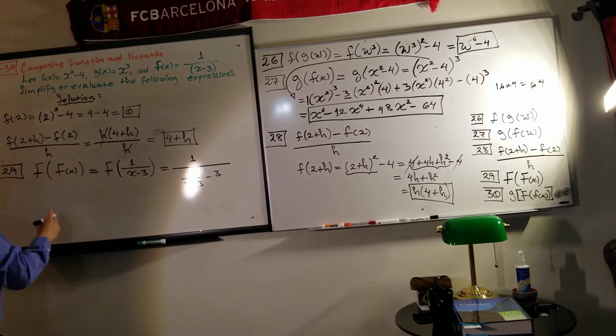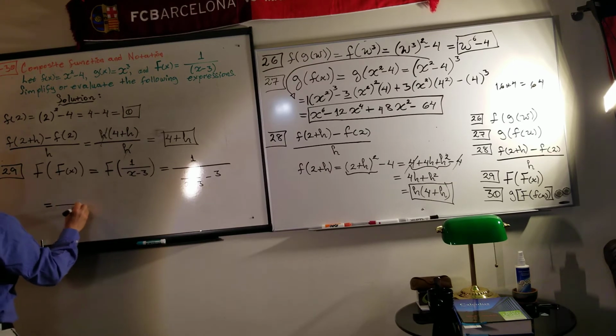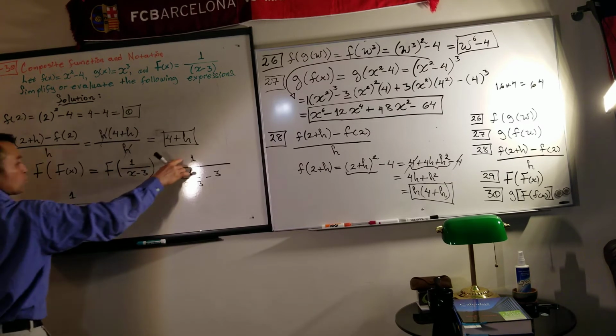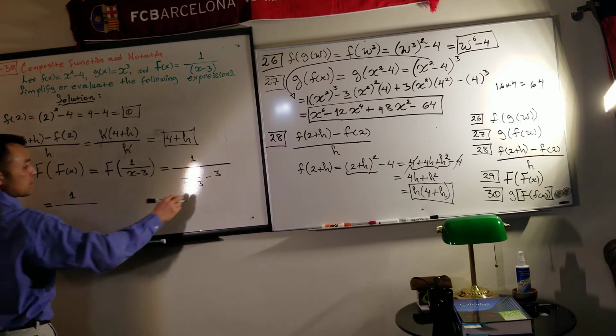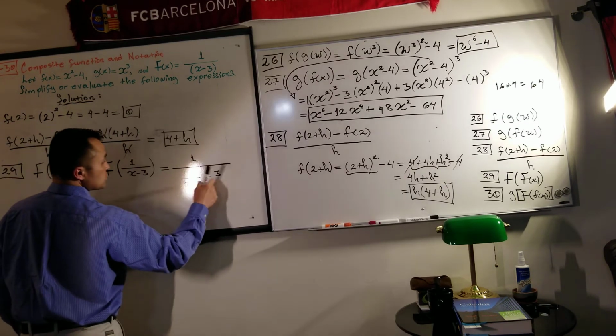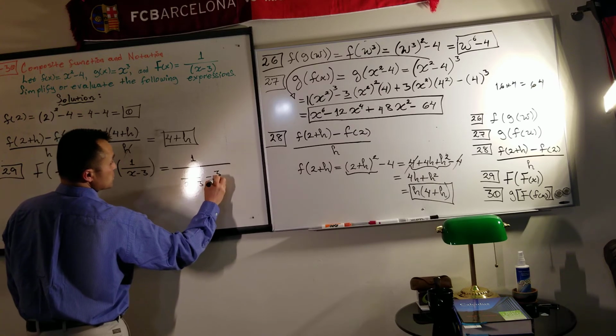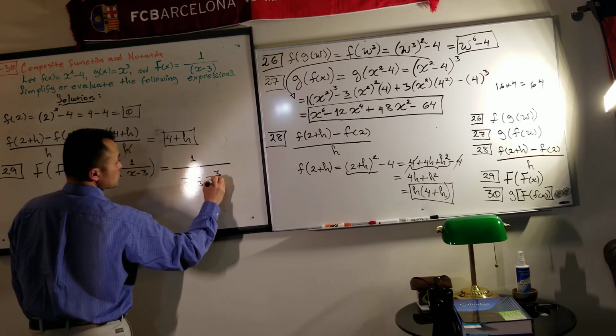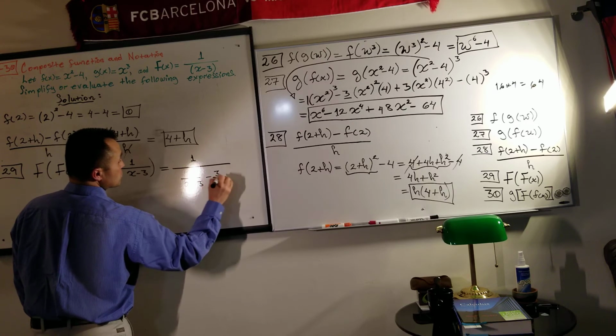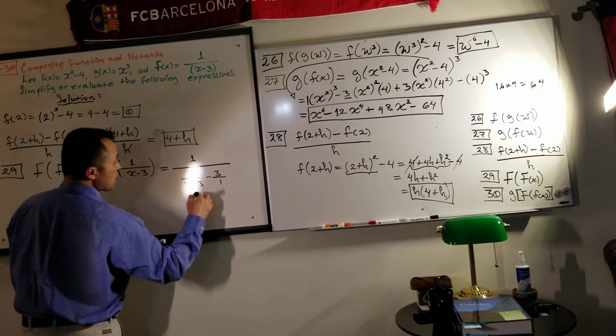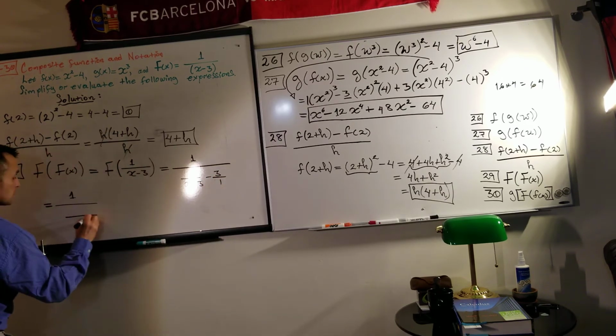All right, let's continue over here, and this is going to be equal to 1 over. Let's reduce this expression. The maximum common factor of x minus 3 and 1 is x minus 3.